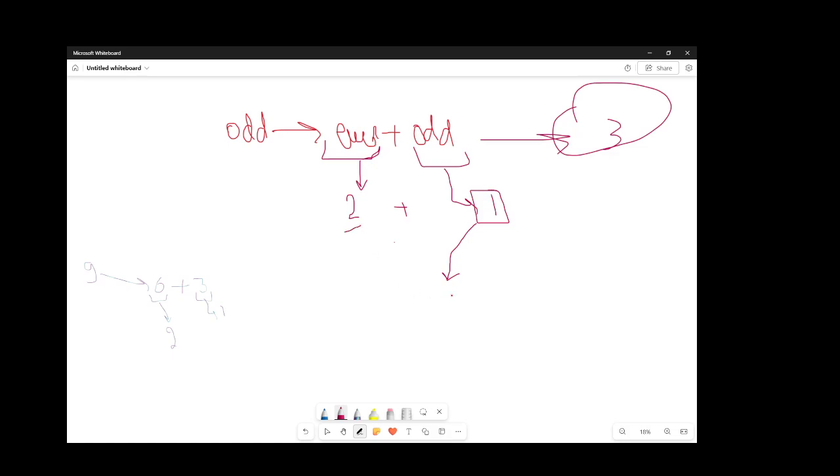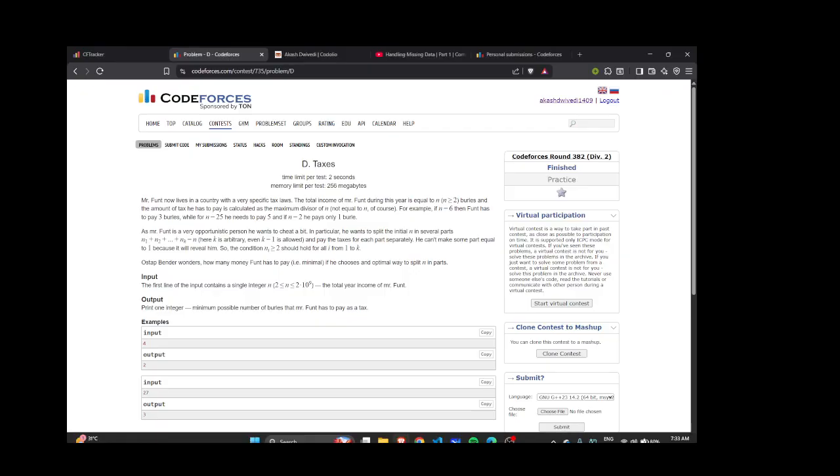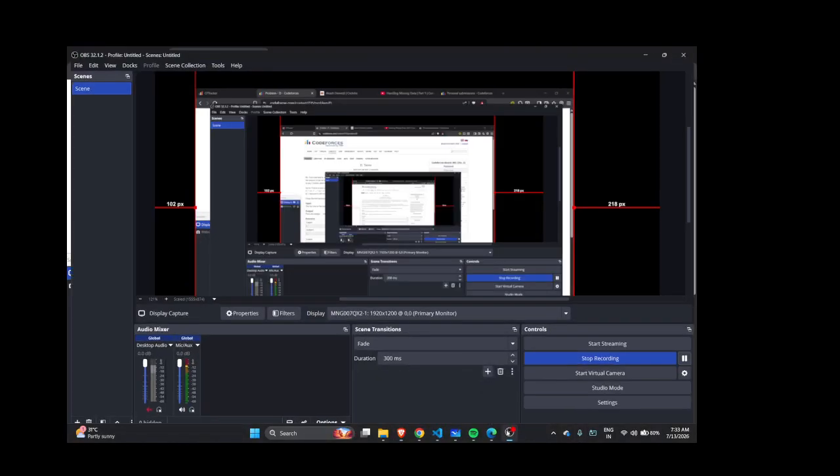And for the odd case, we can convert it into prime. Can we? If the number is 15, can we convert? One minute. Let me analyze a few cases and then I'll continue.